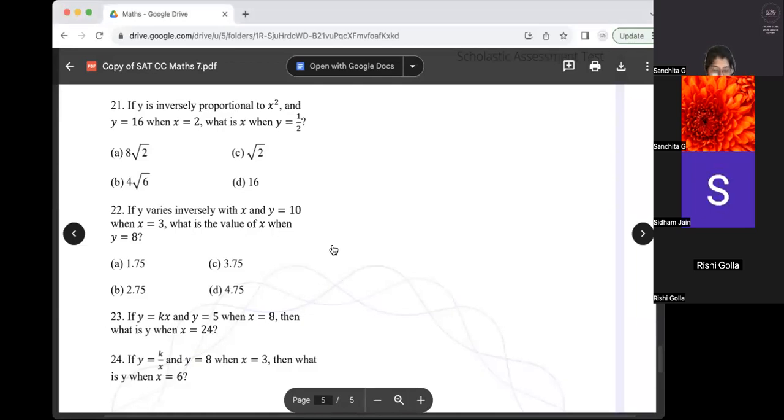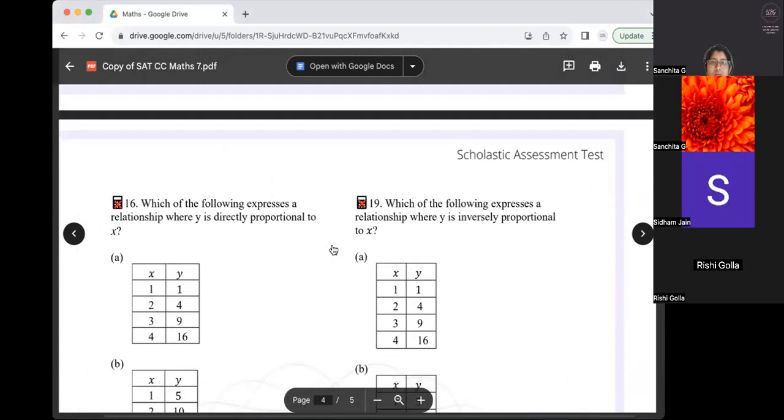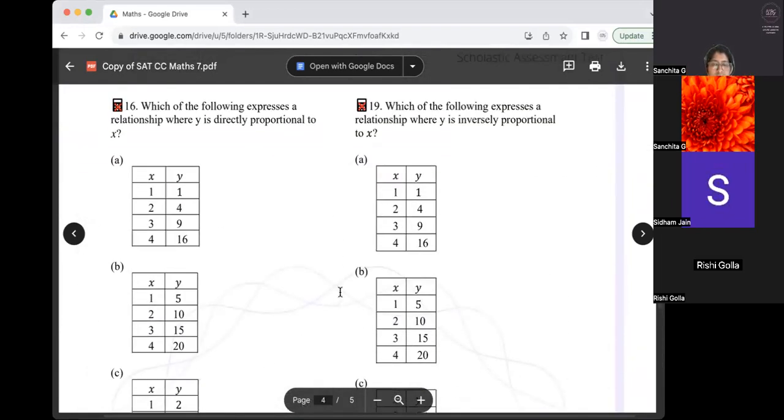All right. Let's discuss the last set of questions. 16 is B. Absolutely correct. Now, when it is saying directly proportional, you can just check any two values. The division y by x must equal a constant.